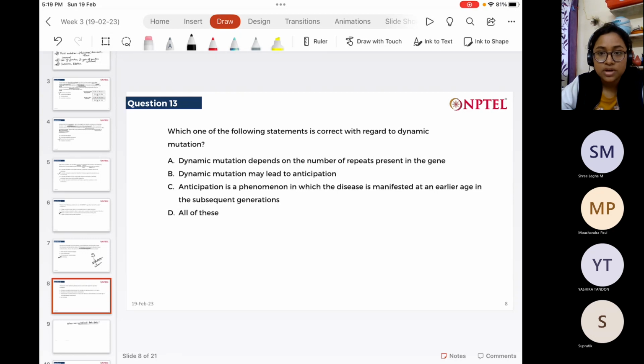Can anyone answer? Are the disease symptoms getting severe? Is it expressing early in age? What was happening in the families where Huntington disease was there?